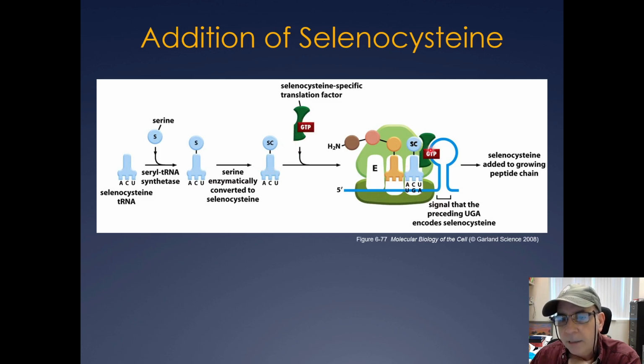It will get added in if it has the proper signal via a stem loop. The GTP will be hydrolyzed, and then you'll actually form the peptide bond by peptidyl transferase, and that gets added in.